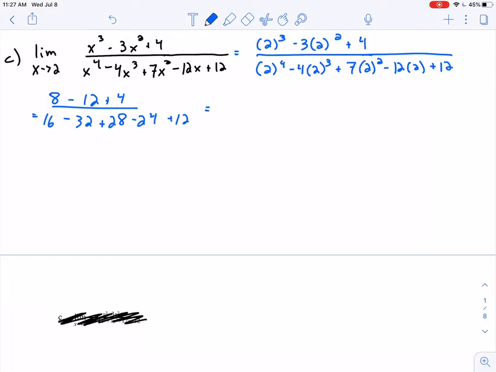In my numerator, I know I'm going to end up with 0. In my denominator, let's just double check the arithmetic, and you can do that at home, and yep, we end up with 0 over 0.